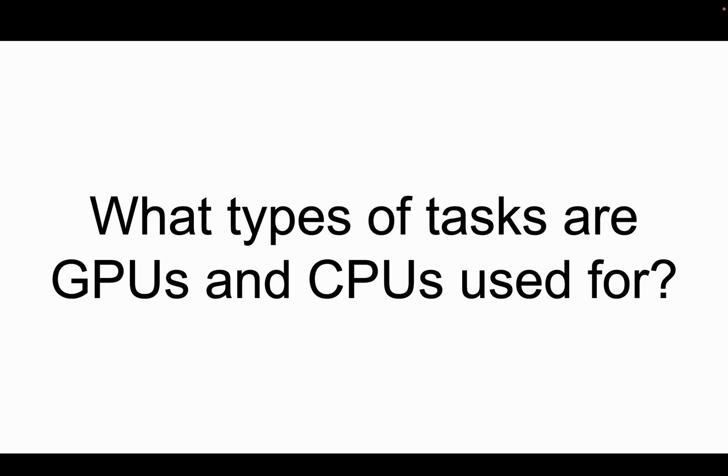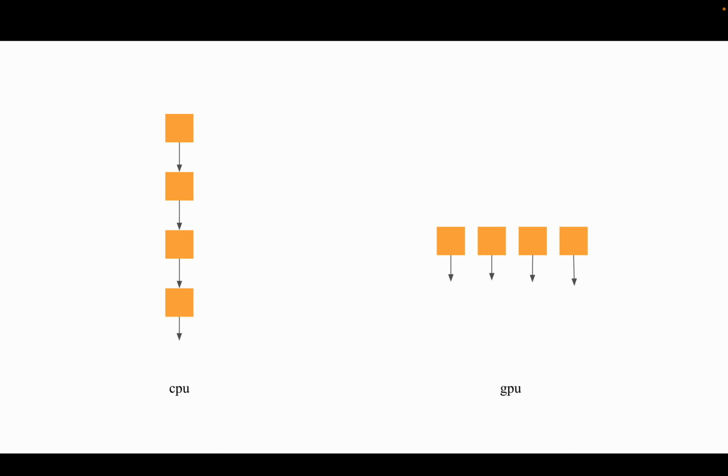So what types of tasks are GPUs and CPUs used for? In general, GPUs excel at tasks that involve applying the same computations to different pieces of data in parallel, while CPUs are better for applying different operations to the same piece of data serially. It turns out that lots of image processing tasks are extremely parallel.